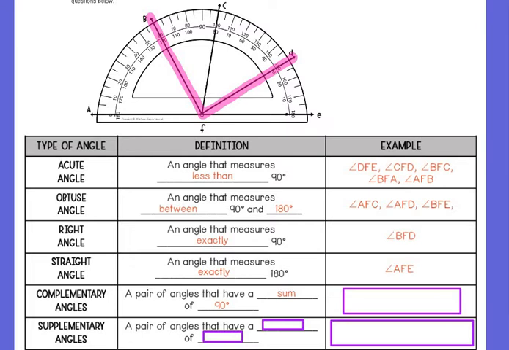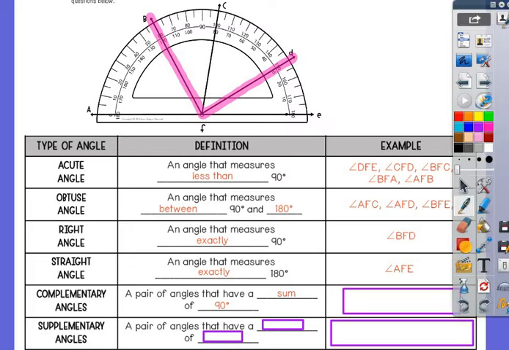BFC and CFD are your complementary angles because they add up to 90 degrees. What is the measure of BFC? It goes from 60 to 100, so it's 40. Then 100 to 50 is 50. 50 plus 40 gives me 90 degrees, so I know those two are complementary angles.